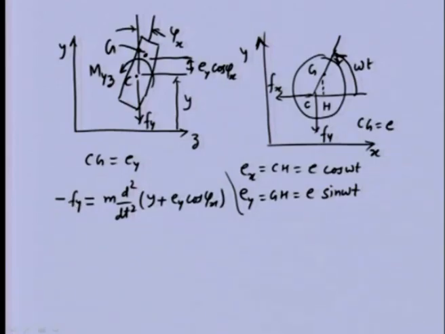Apart from this, we will be having moment. If you are taking moment, let us say about the center of gravity, then we have the moment due to this force Fy. The moment arm will be e_y sin phi.